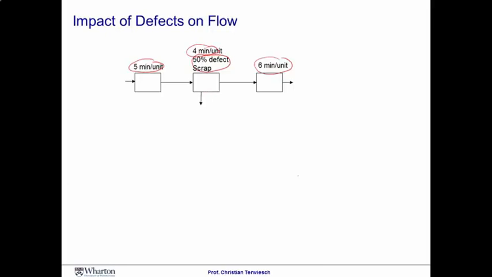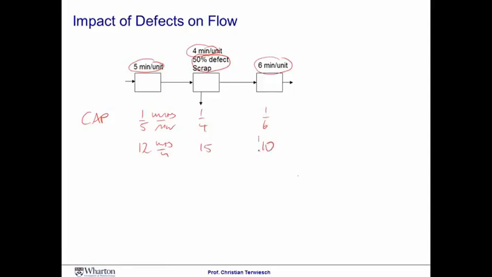With a 50% probability, the flow unit following the work at step 2 has to be scrapped. Well, in the past we have done a rather naive analysis. We have looked at the capacity of the resources as simply 1/5 units per minute, 1/4 units per minute, and 1/6. If we multiply this with 60 minutes in an hour, we get capacity of 12 units per hour, 15 units per hour, and 10 units per hour.